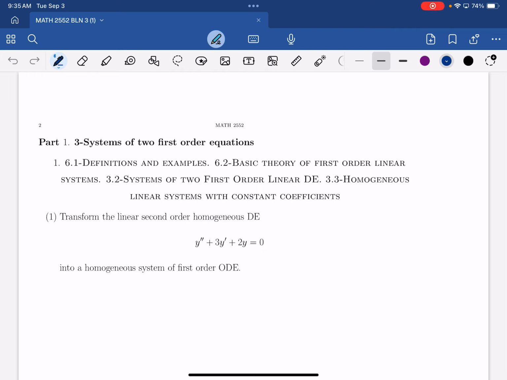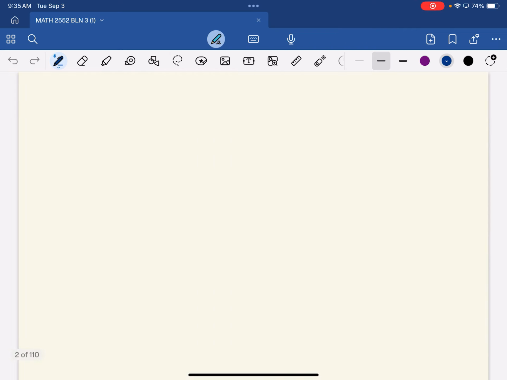So in this lecture, we're going to study solving second order ordinary differential equations. So what are the methods that we have in hand? One is the matrix methods. We're going to spend the next 2 to 3 weeks just on matrix methods.